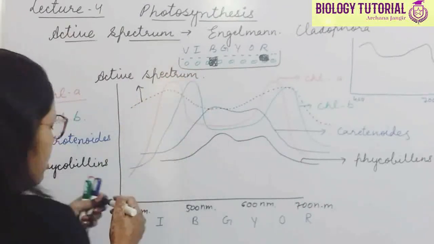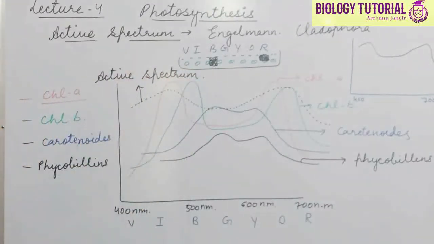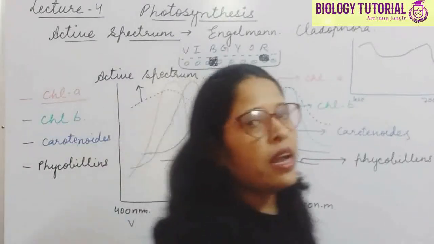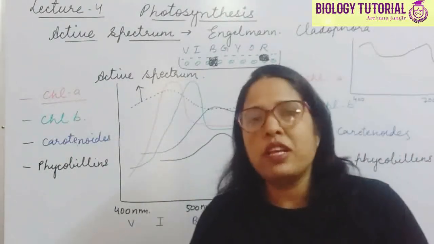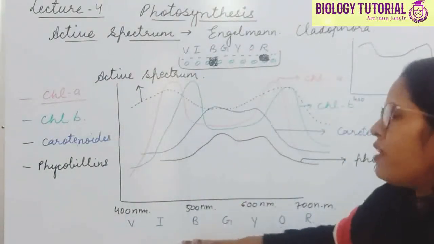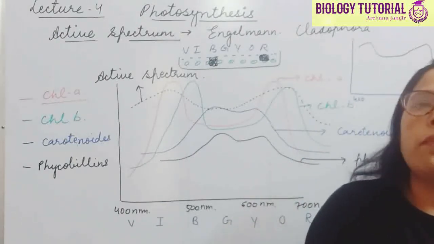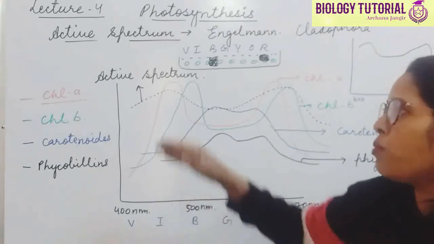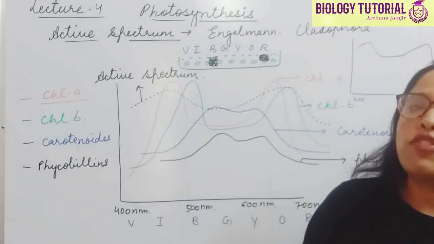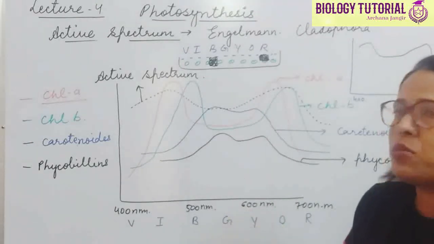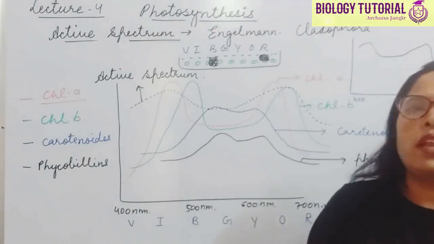So with the help of this experiment we can conclude that maximum absorption of blue light and red light takes place, and at this wavelength of light the rate of photosynthesis is maximum, which is absorbed by chlorophyll A. The rest of the pigments are called accessory pigments because they are also absorbing the light.